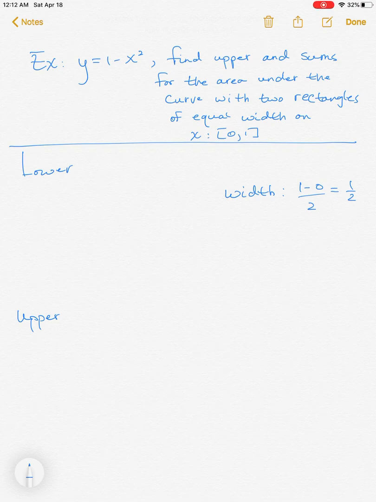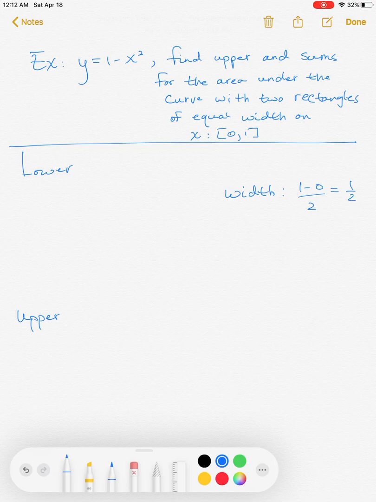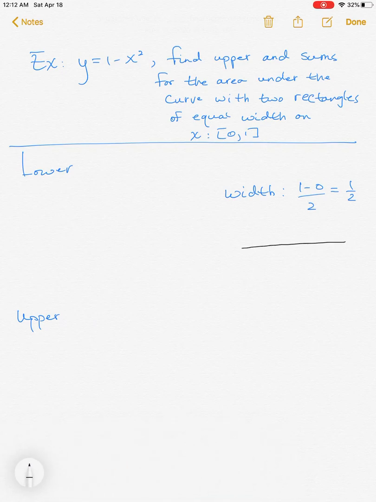Now, here's my little trick. I don't even care if I don't know what the shape really looks like. We have 0, 1/2, 1.